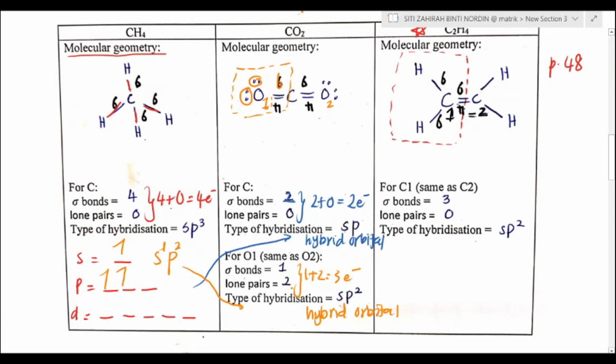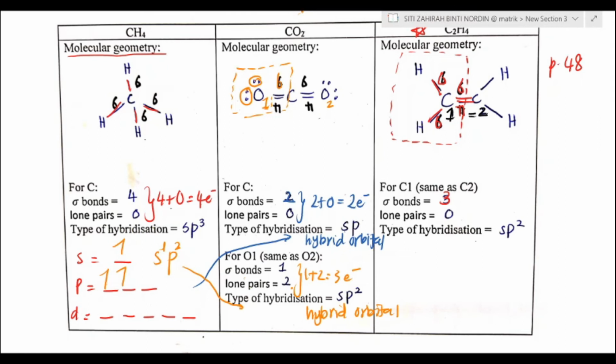So for carbon 1, you've got two single and one double bond. So it consists of 1, 2 sigma for two single bonds and 1 sigma and 1 pi for the double bond. So for carbon 1, we've got 3 sigma bonds and 0 lone pairs.